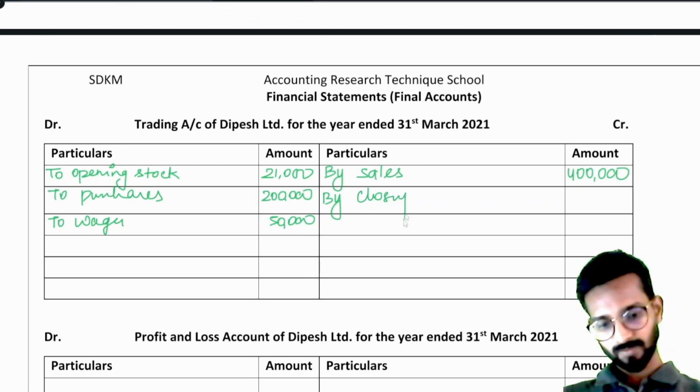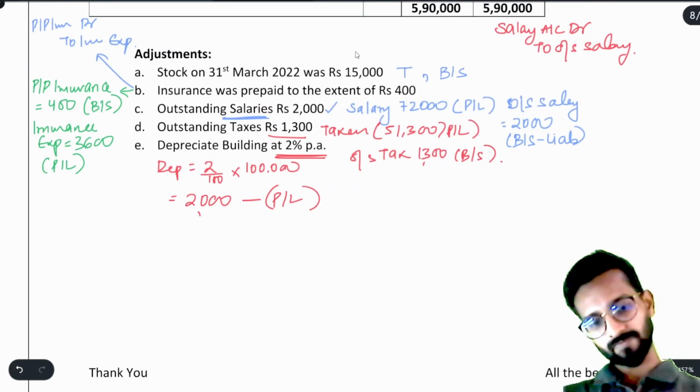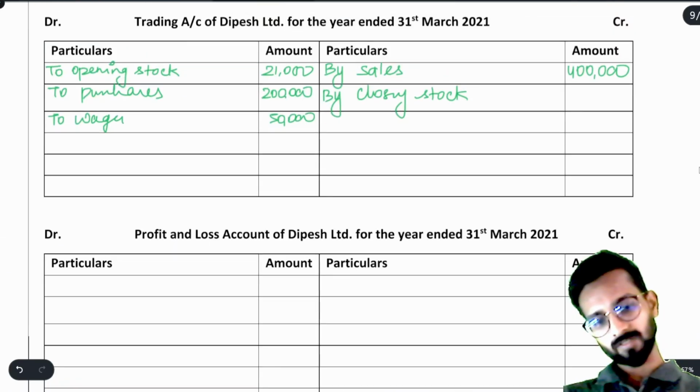By closing stock. How much was the closing stock? Closing stock was 15,000. Now closing stock was 15,000 in trading account and balance sheet, so you will write at both the places. Closing stock 15,000. Okay. And this I will copy from here in the balance sheet also.